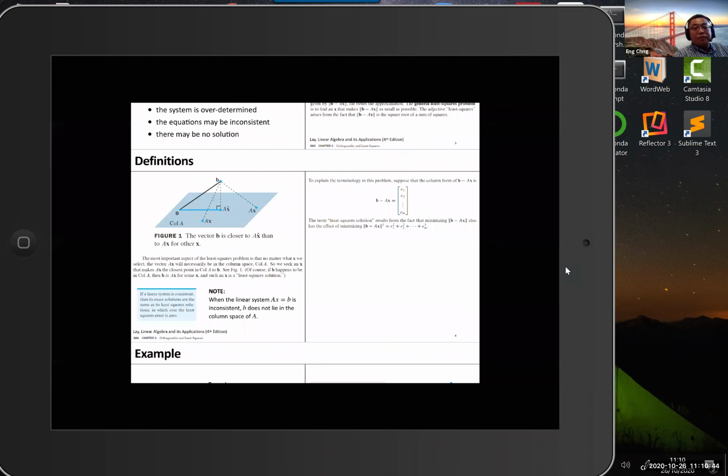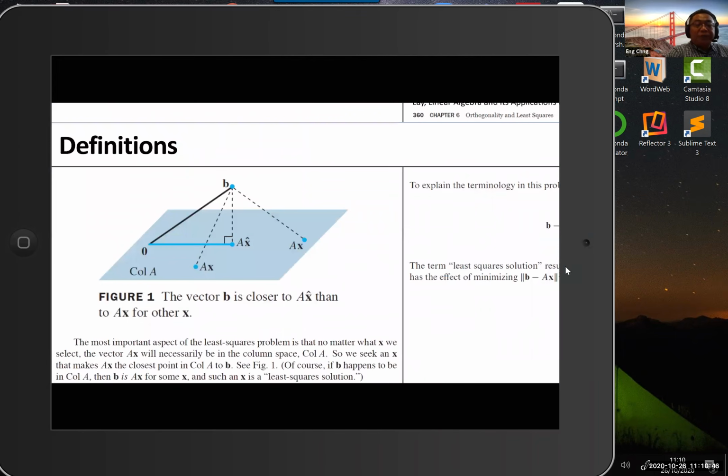Now, this is a revision first before we attempt question 4.